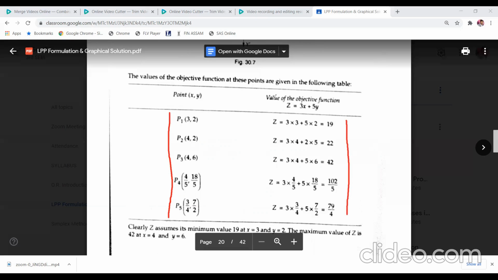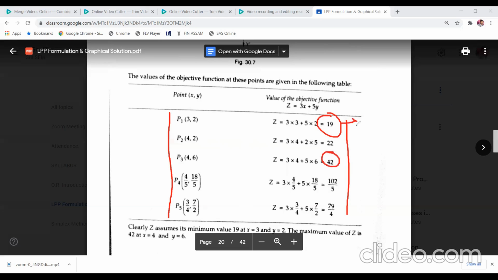Okay. Then if your problem is of maximization, then you check which one is greater. So obviously out of this, the minimum one is this one. And which one is the maximum? This one is the maximum one.